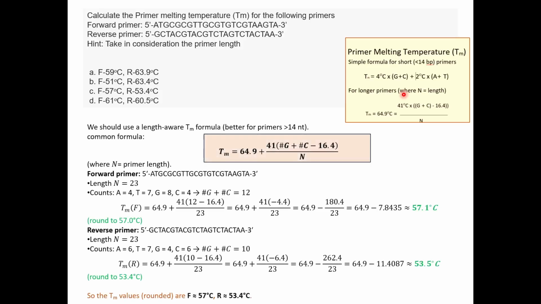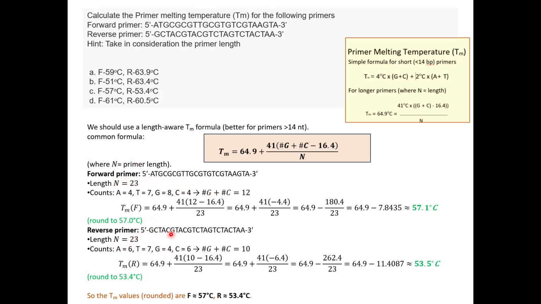So we should use a length aware melting formula. The formula is 64.9 plus 41 into G plus C minus 16.4, divided by N, where N is the primer length. The forward primer in our case is this, and this is the reverse primer. Both of them have 24 nucleotides in them.